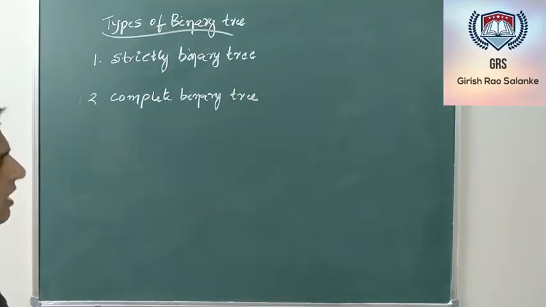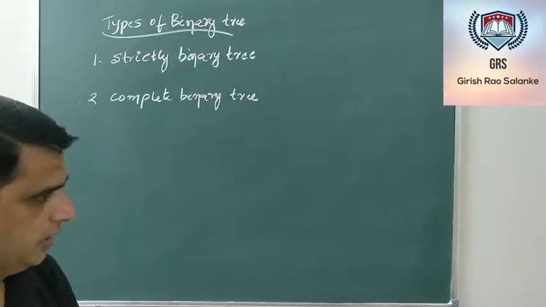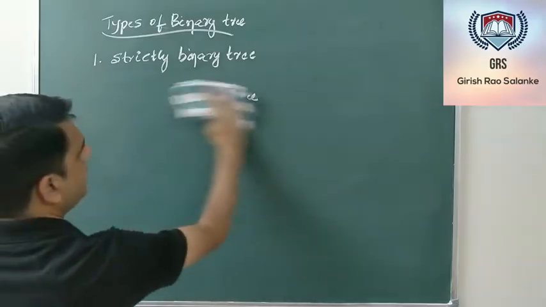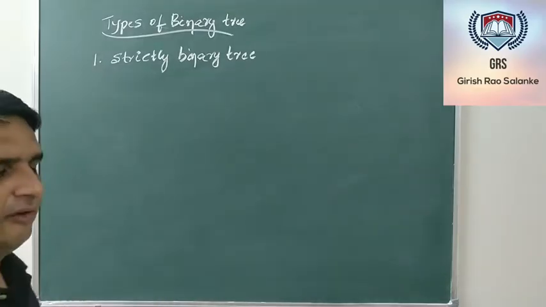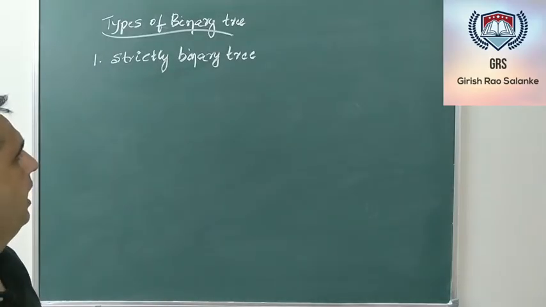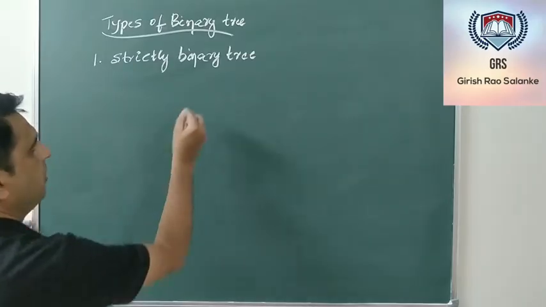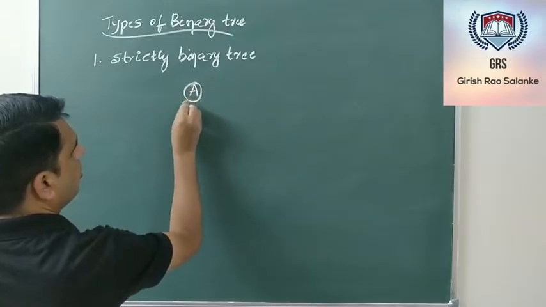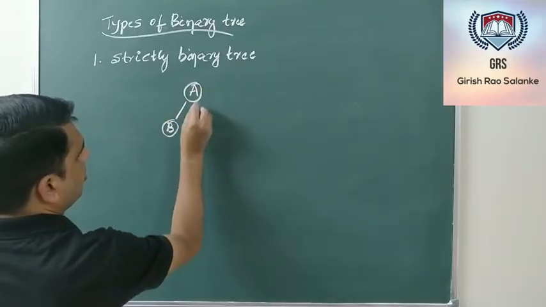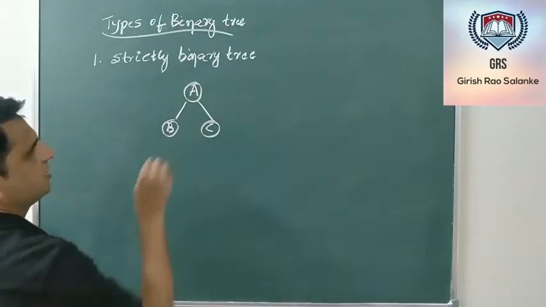Let me give an example for each of them. Moving to the first one, a strictly binary tree is a binary tree in which every node can either have 0 or 2 children. Say for example, so this is a strictly binary tree.